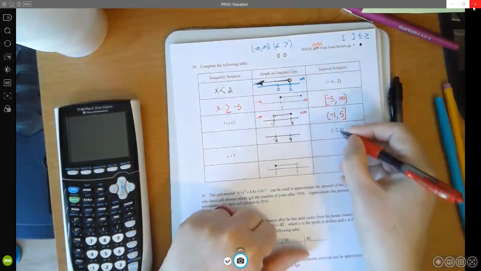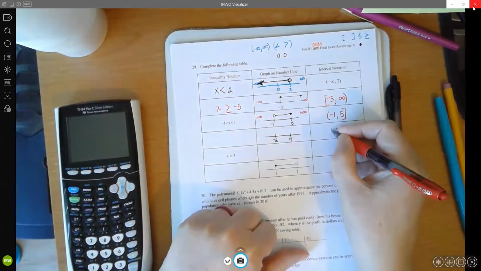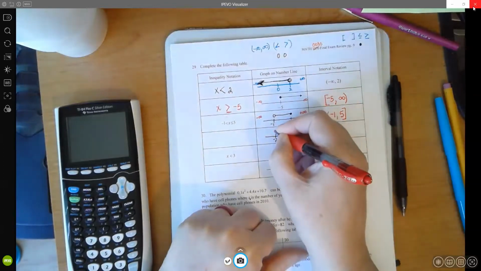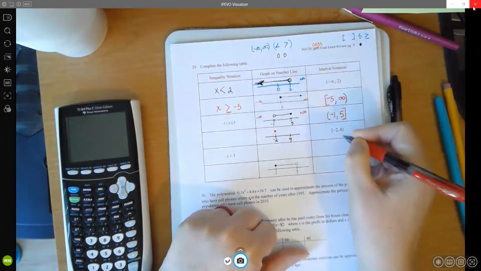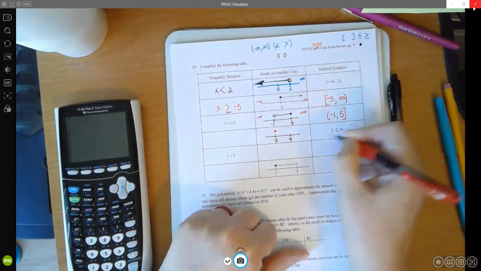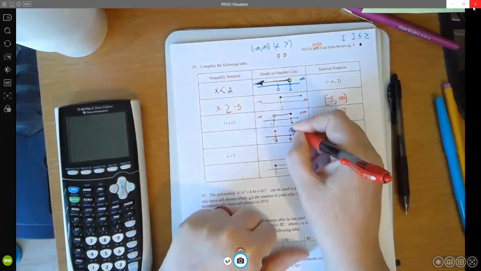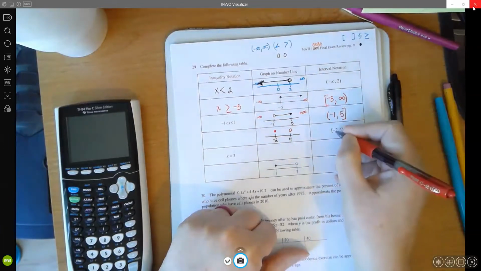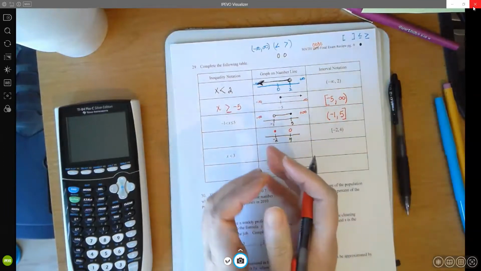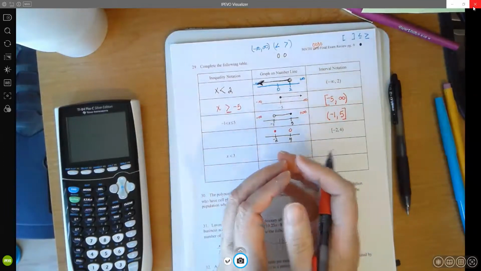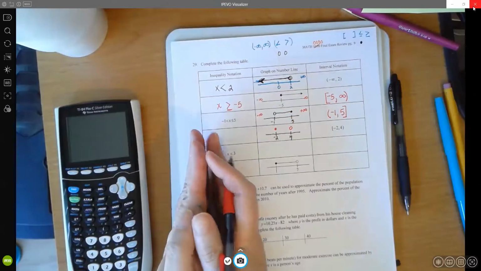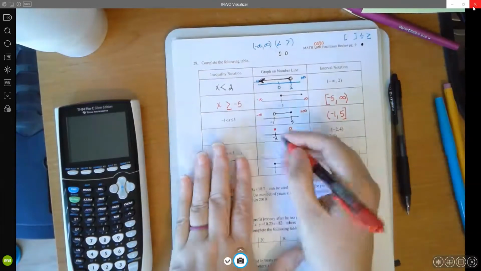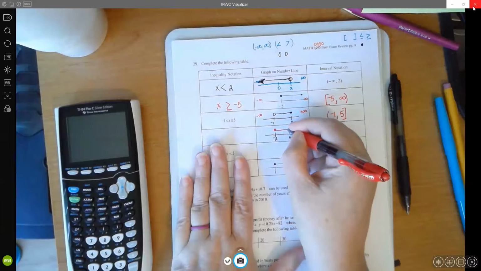And then above the -2, because there is a bracket, would get a dot. Above the 4, because there's a parentheses, would get an open circle. And it's saying that my range of values falls between those. The smallest is -2, the largest is 4. So I'm going to draw in between those.